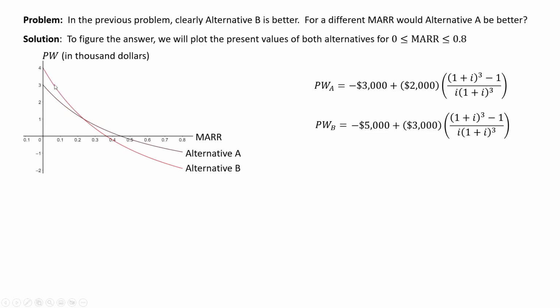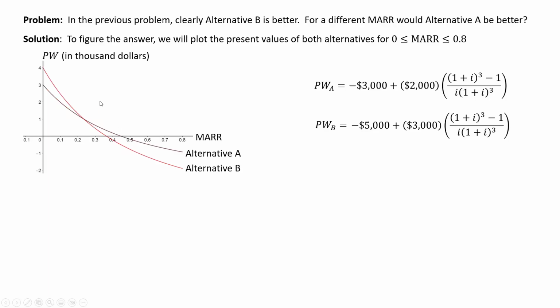So alternative B is better for an interest rate of 0 to 0.23. But after 0.23, the green is higher, right? Green is above. So green is better.